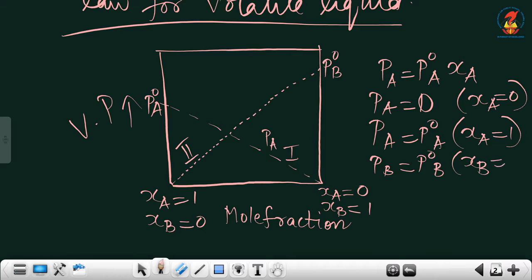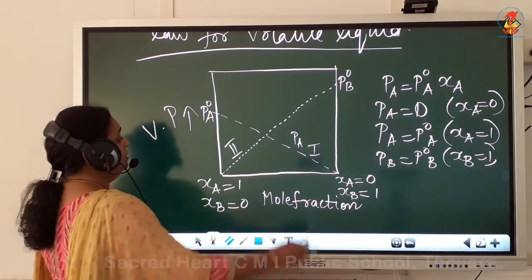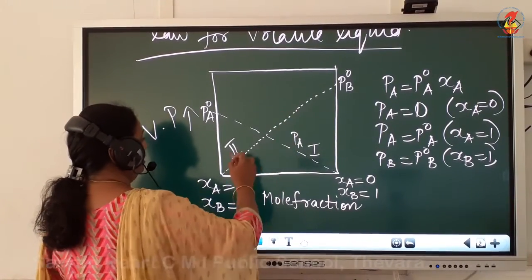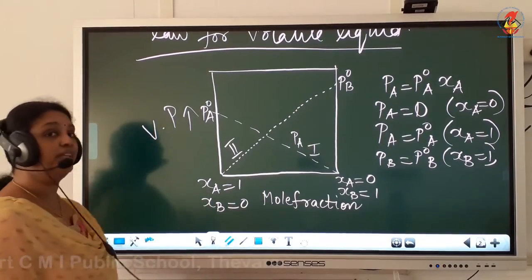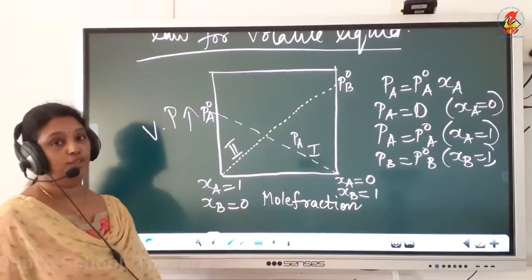XB is equal to 1, and XB is equal to 0 when PB is equal to 0. So line number 2 represents the variation of vapor pressure with mole fraction for component 2.